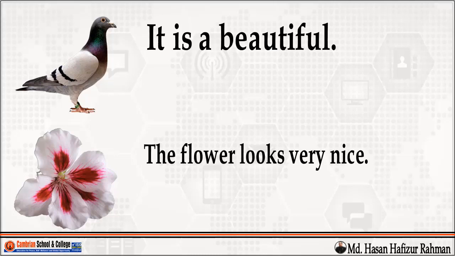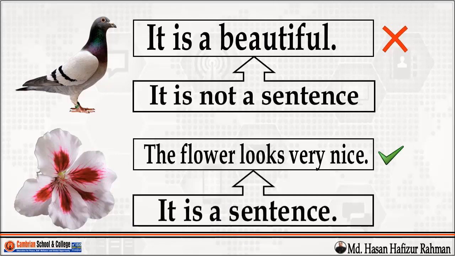Dear students, do you find any difference between these two sentences? It is a beautiful. What is it? Is it a full sentence? No, it's not a sentence. But the flower looks very nice. Is it a sentence? Yes.